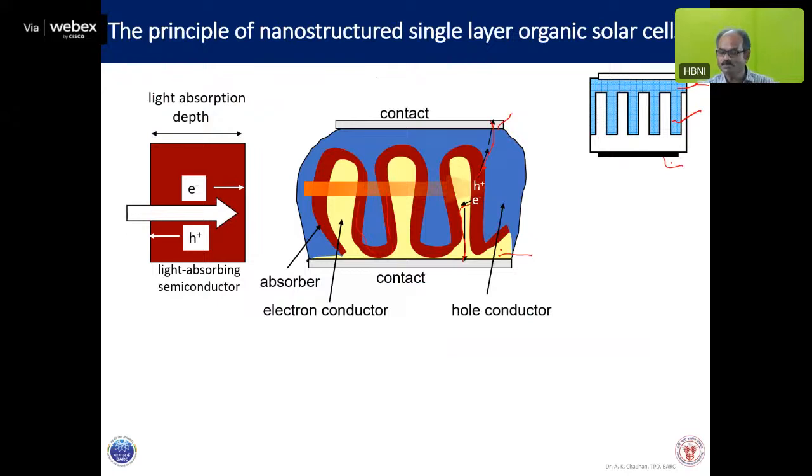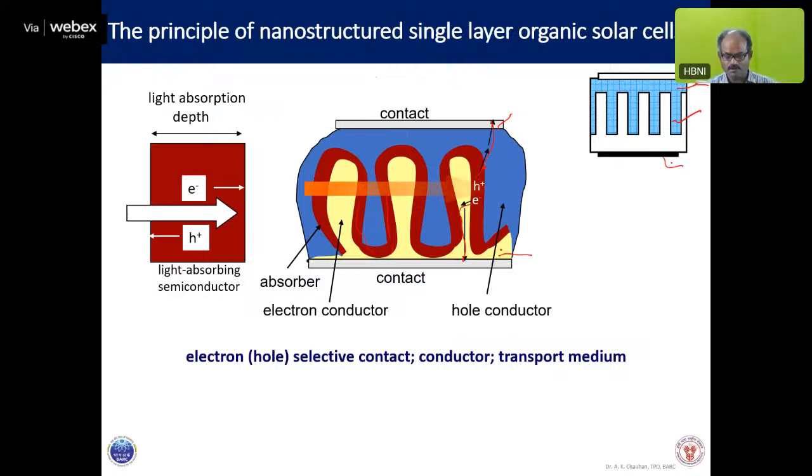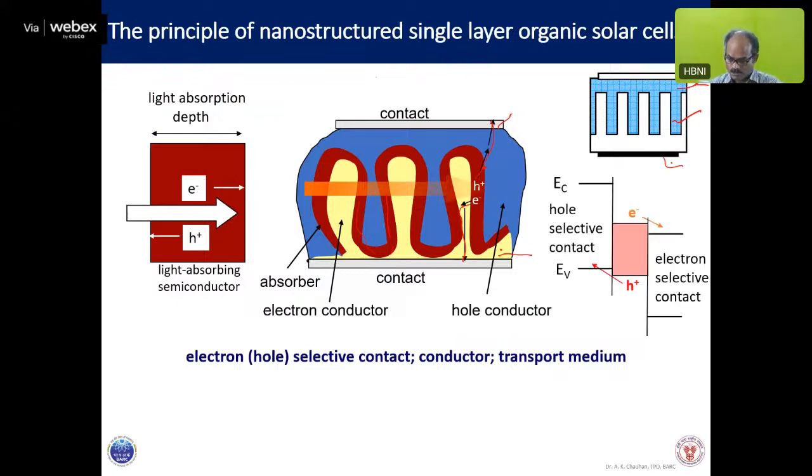But these are still probabilities. You cannot say 100% that all the excitons have been converted to electron-hole pairs, and all the electron-hole pairs have been collected at the contact. That is the reason the probability is low, and eventually the efficiency is bound to be low.